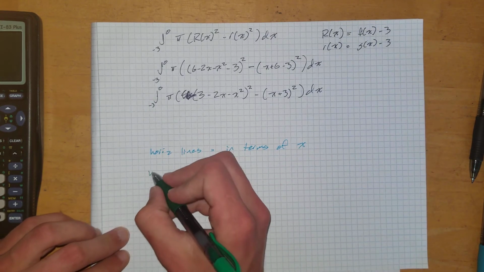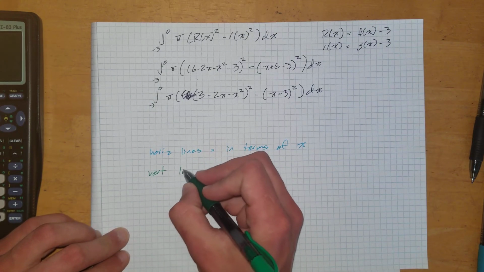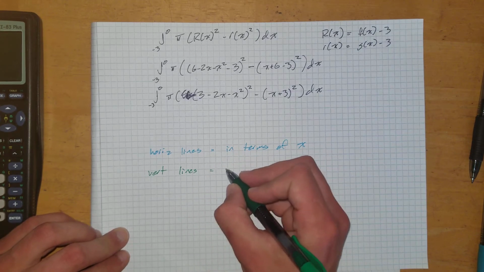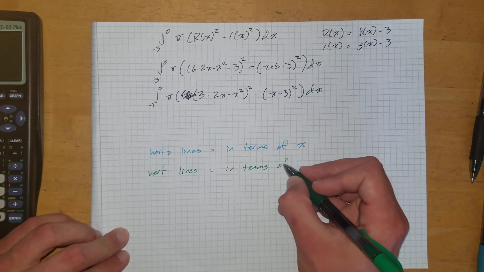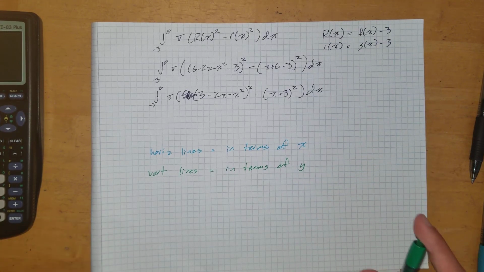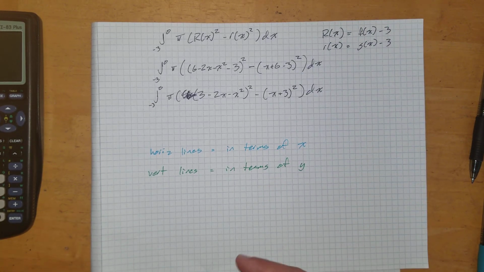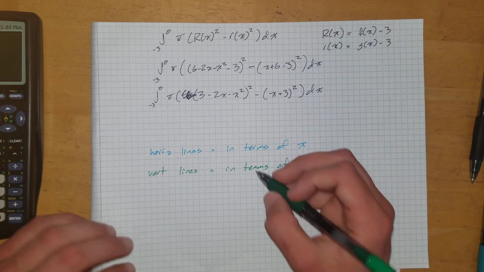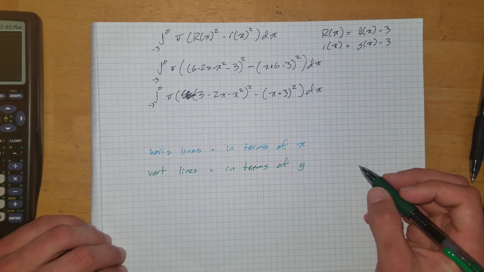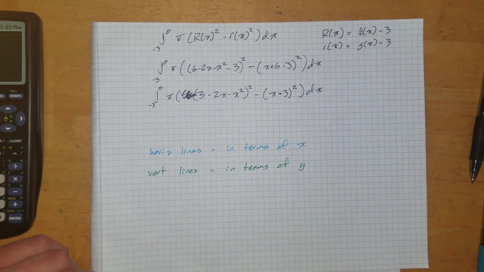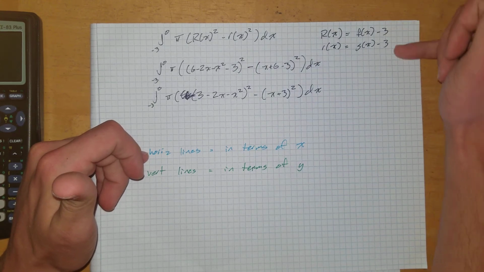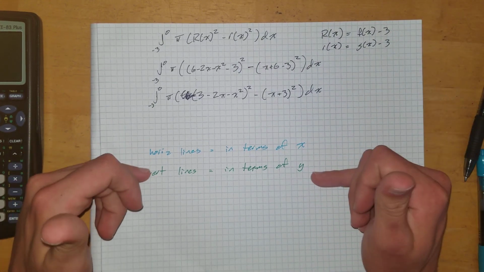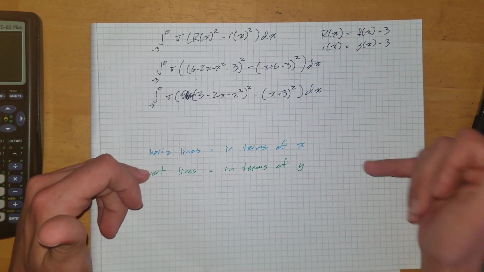When we have vertical lines, everything in terms of y. So that's why for 13 and 14, we don't have to change anything in terms of y, because we're only dealing with horizontal lines. So the biggest difference is when you're doing horizontal lines, you have to account for the difference in radius. When you're doing a vertical line, we have to convert everything in terms of y.